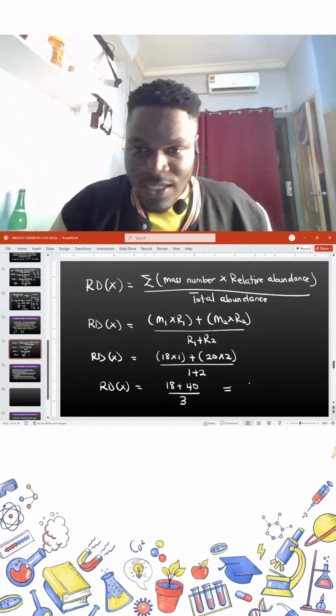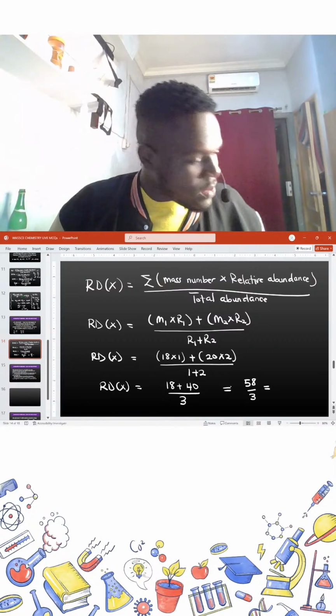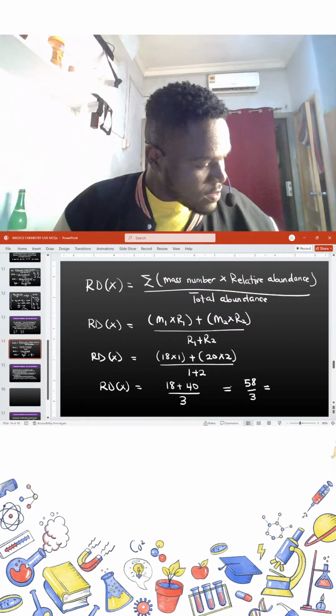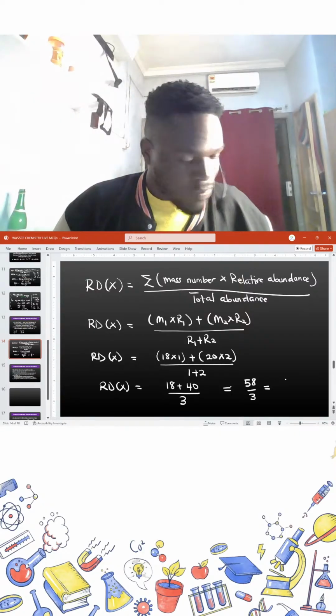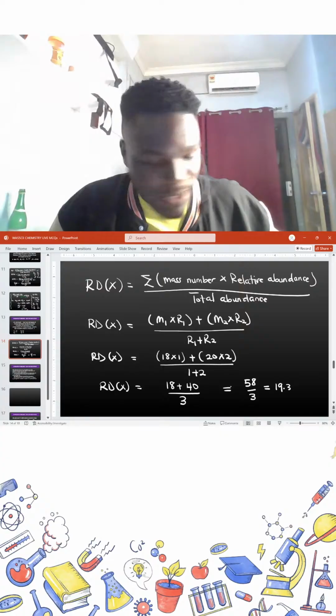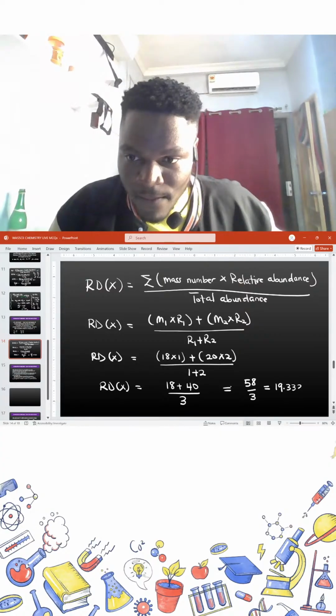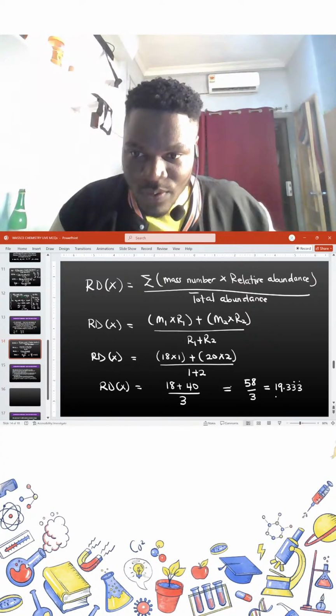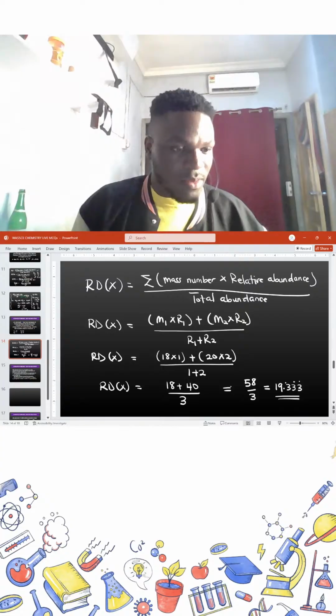And then this will be equal to 18 plus 40 will give me 58, divided by 3. 58 divided by 3 will give me 19.333. It's recurring, so we write it like this: 19.33 recurring.